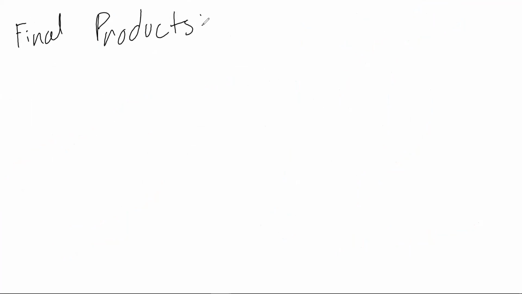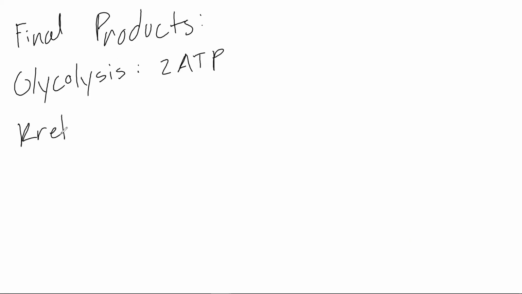At the end, glycolysis makes 2 ATP because you use 2 to make 4. 4 minus 2, you make 2. Krebs makes about 2 ATP.